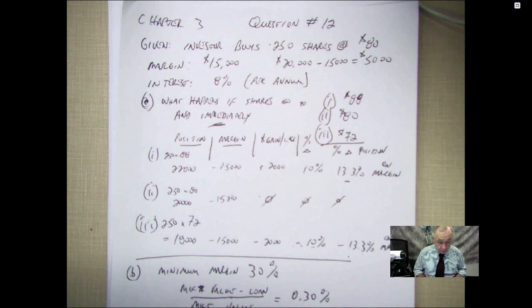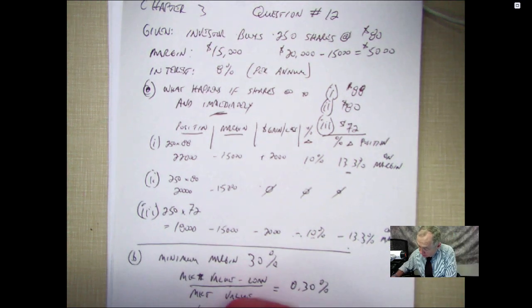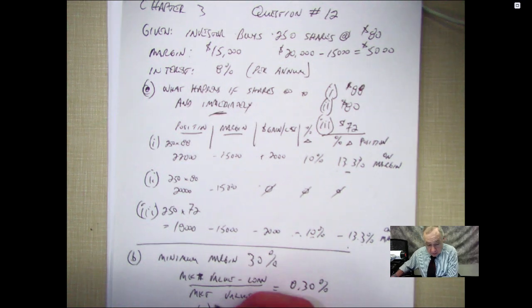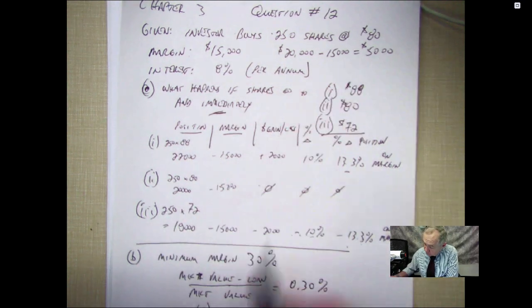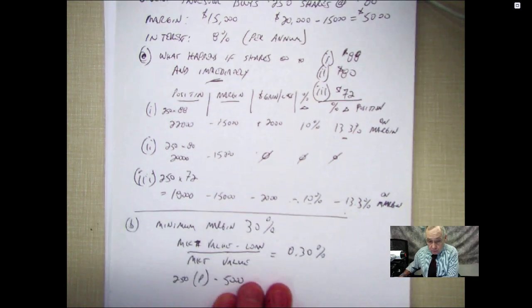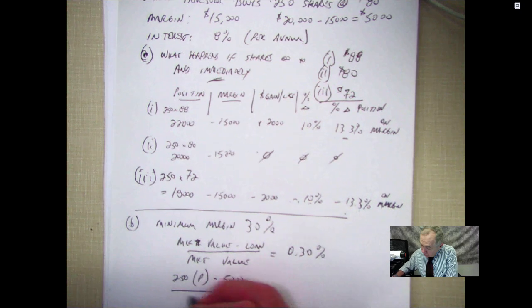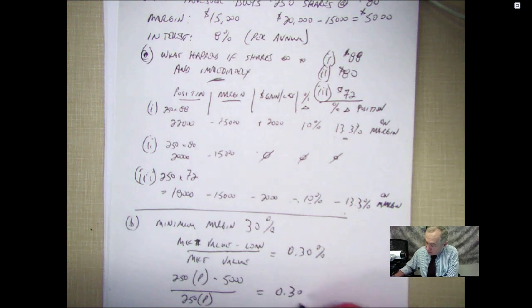So setting that up: 250 shares times price, minus the amount borrowed, $5,000, divided by 250 times price, at 0.3.